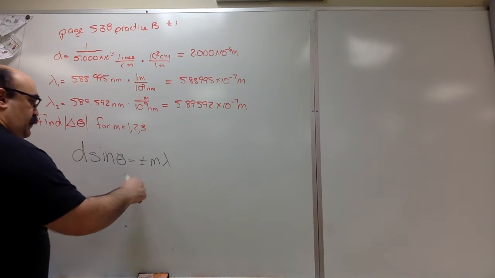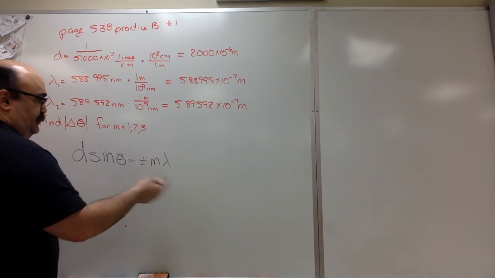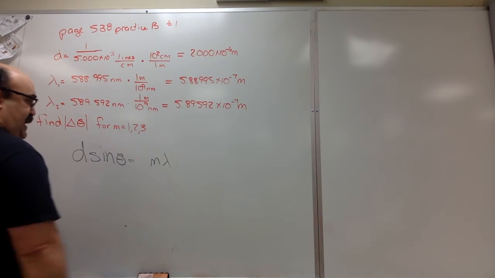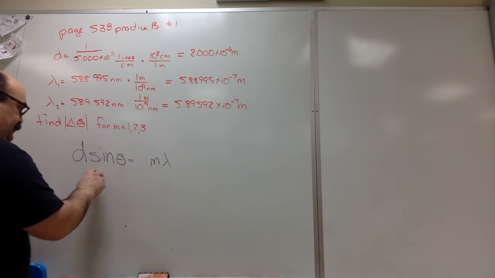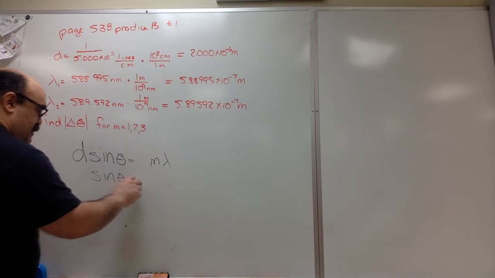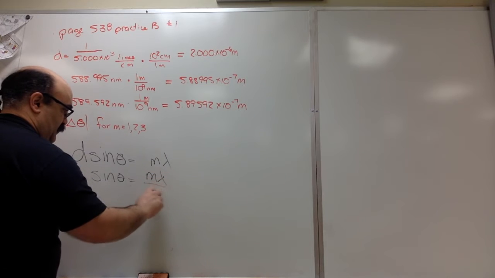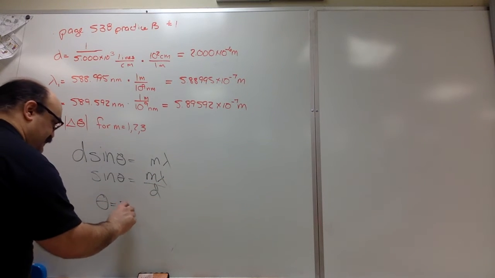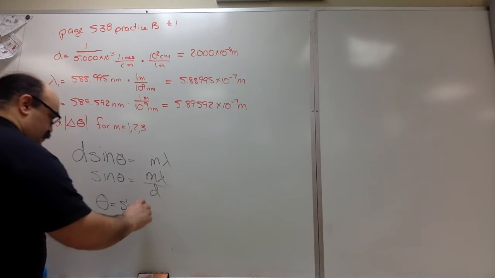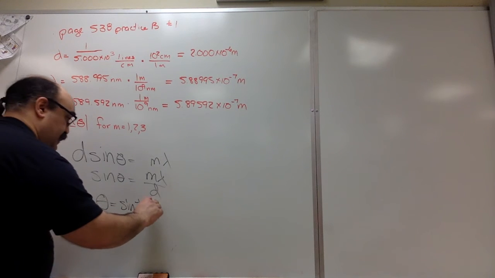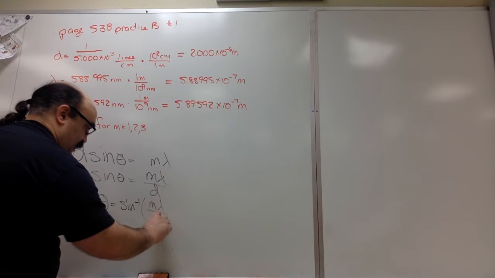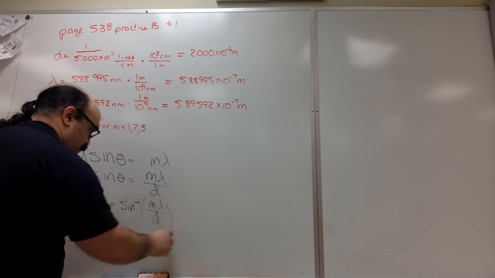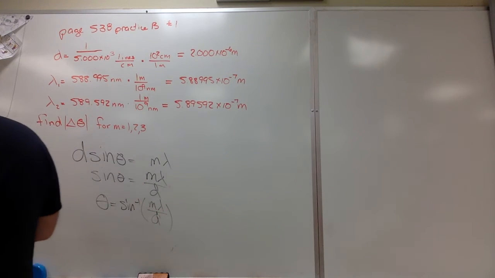Since we're only worried about the positive in this case, I'm just going to get rid of that for the moment. I'm looking for theta, so I get sine theta equals m lambda over d. Therefore, theta must simply equal the inverse sine, sometimes known as the arc sine, of m lambda over d. That's what we're looking at.